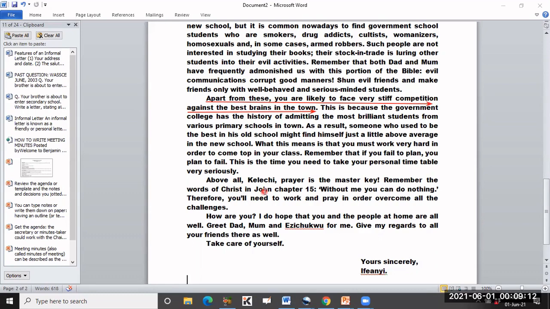After all, the aim of this letter is really to ensure that your brother does well in the new school. So you can say, above all, Kelechi, prayer is the master key. Here you are now introducing a new angle, bringing the spiritual angle more prominently here.